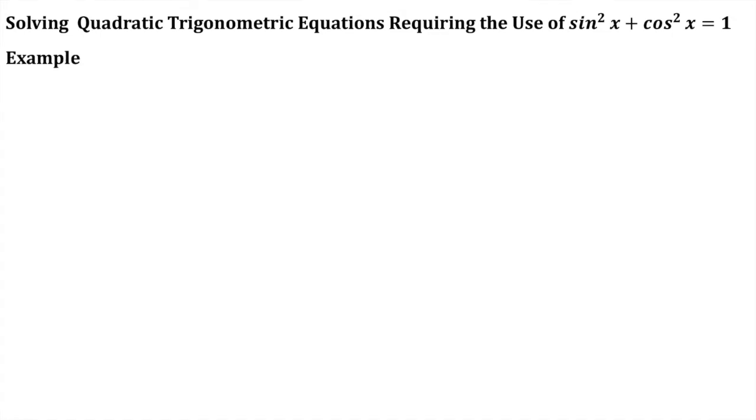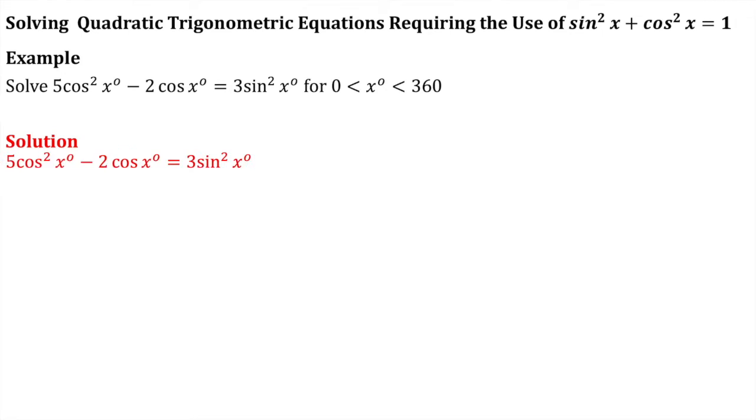So let's look at an example. We'll just look at the one example here. So we want to solve 5 cos squared x minus 2 cos x equals 3 sin squared x, for x lying between 0 and 360 degrees.